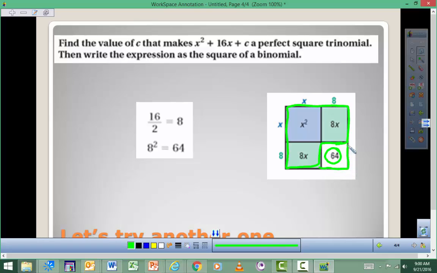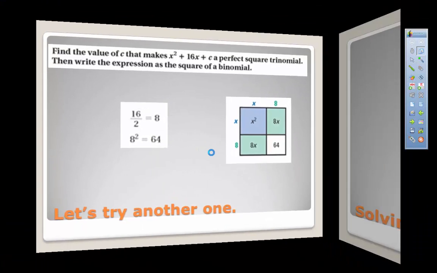And that is a visual that shows that you're completing the square. Once you get that piece in there, then this is a square, and all the lengths of these sides are the same. So this is x, 8, 8, x. And so you can see it's a square now. Anyhow, I don't think it's necessary to draw the picture, but if it helps you, you can draw the picture. Do whatever it takes.